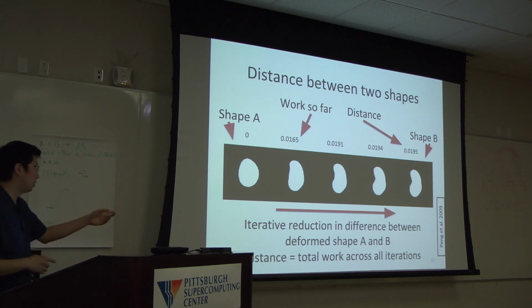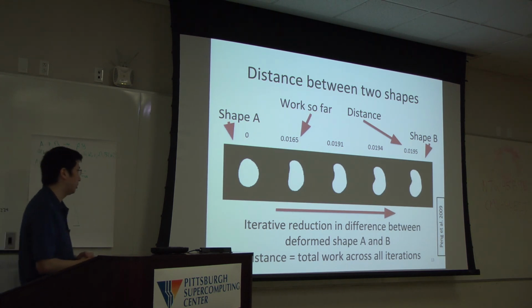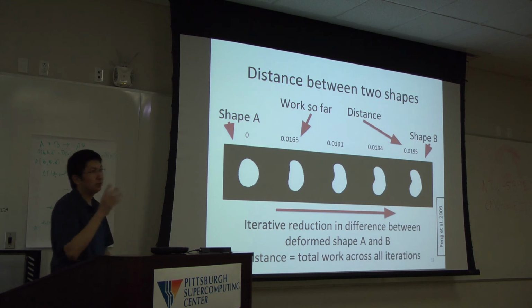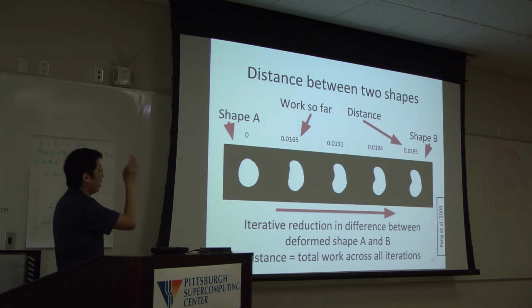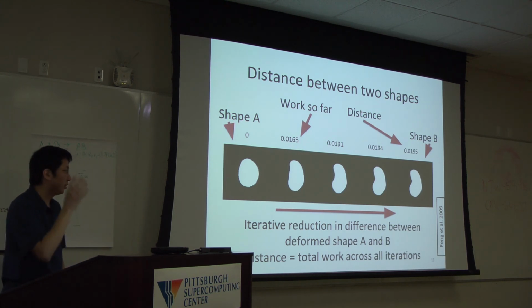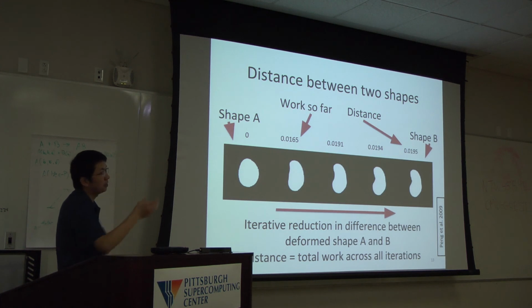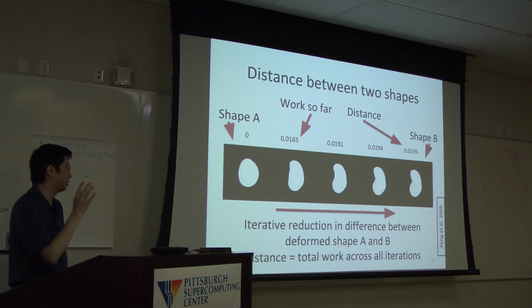And this quantity can also represent the dissimilarity between two shapes. That is, if the two shapes are quite different, this means we need a lot of work to morph one shape to another. This means the distance is large. And if the shapes are similar, this means we don't need much work to do. So the distance is small.